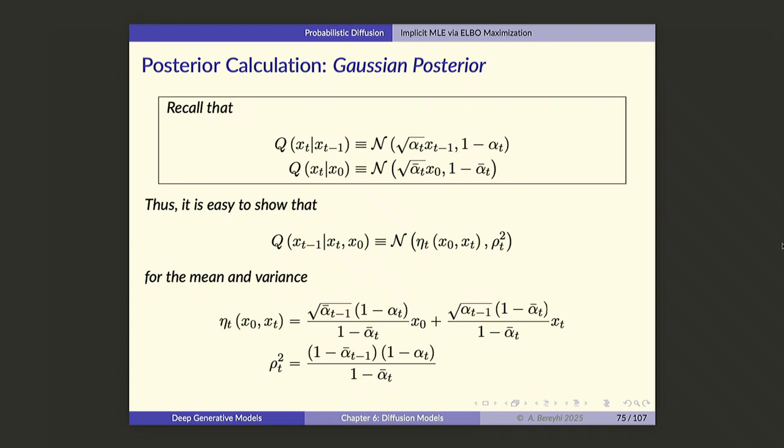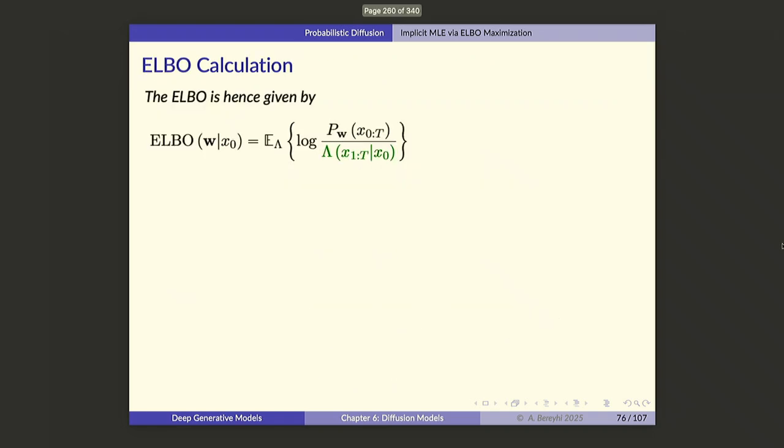But the key point here is that your mean value is a linear combination of x0 and xt, the noisy version that you see right now and the original data sample. Again, your variance is computed in terms of alpha t. Clear? OK. So this is my Gaussian distribution, sorry, my posterior distribution, which is Gaussian.